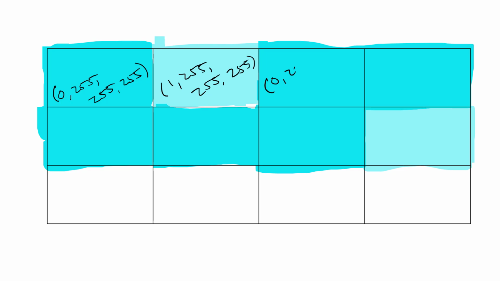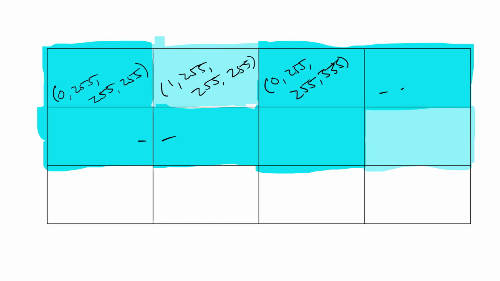Now why? Because this pixel color is 0, 255, 255, 255. This pixel color is 1, 255, 255, 255. This pixel color is 0, 255, 255, 255.